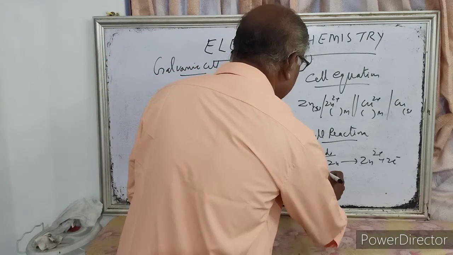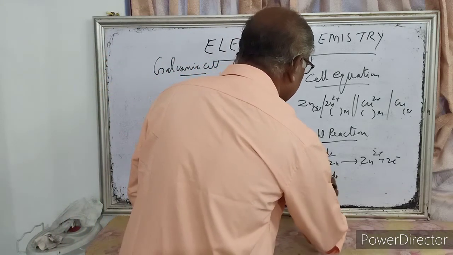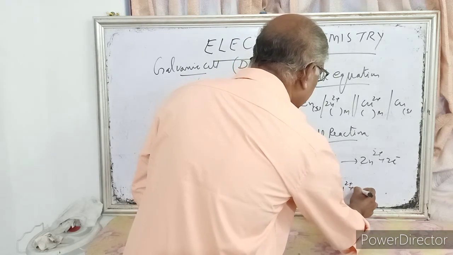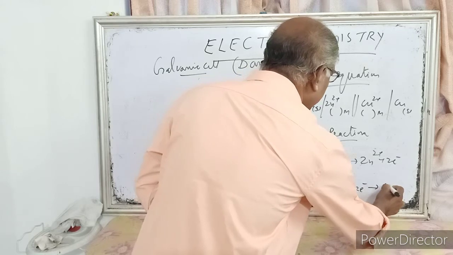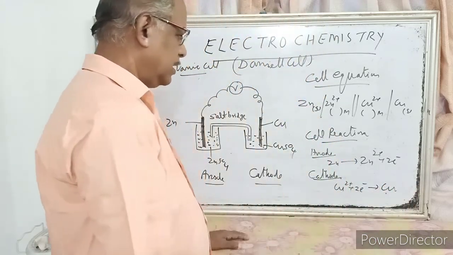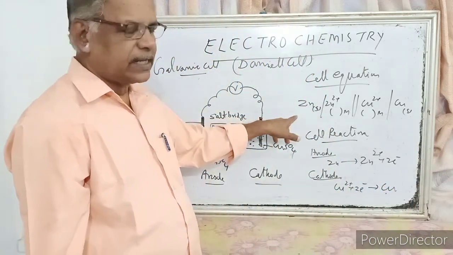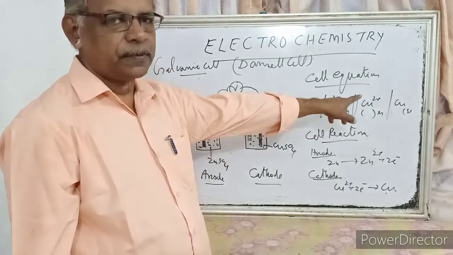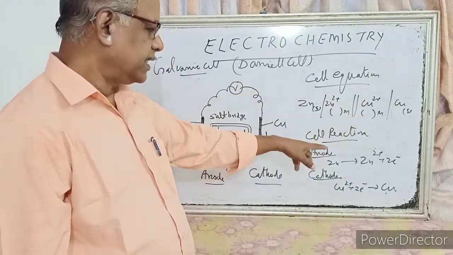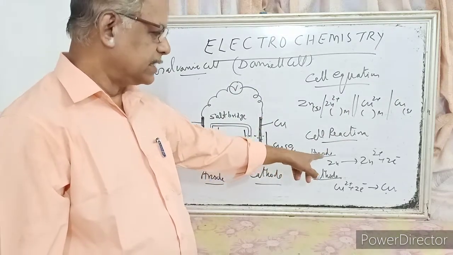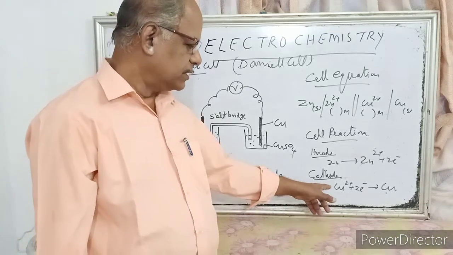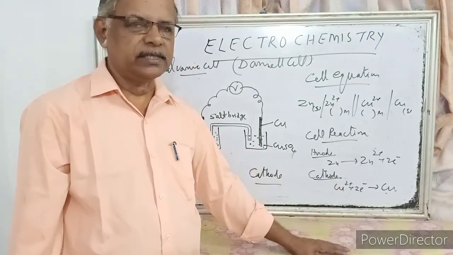And in the cathode, Cu2+ ions gain 2 electrons to form copper. So the cell equation is Zn | Zn2+ || Cu2+ | Cu, and the cell reaction is, at the anode, Zn gives Zn2+ plus 2 electrons, and at the cathode, Cu2+ plus 2 electrons gives copper.